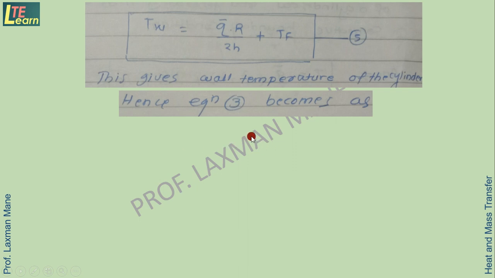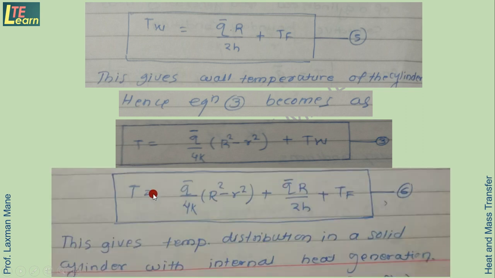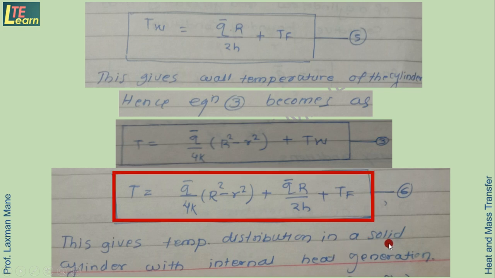Now in equation 3 we put the expression for Tw from equation 5, so the above equation becomes this. This is the value of Tw. So this equation 6 gives the temperature distribution in a solid cylinder with internal heat generation.